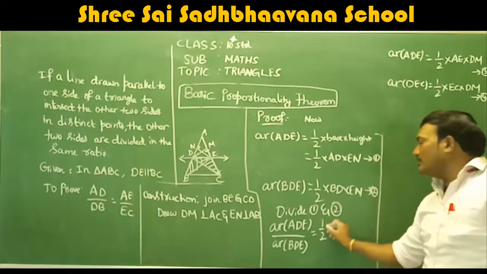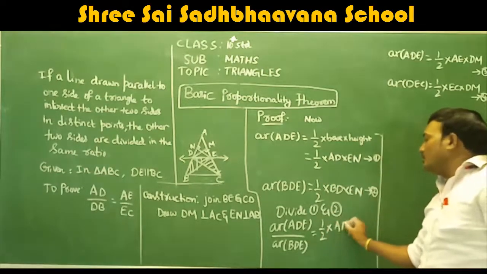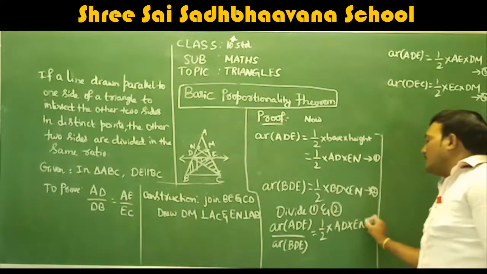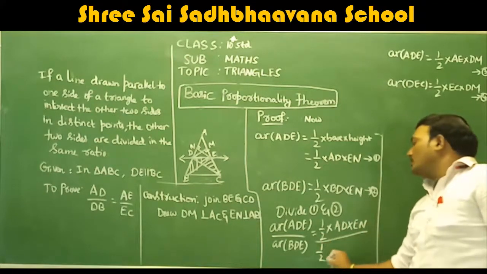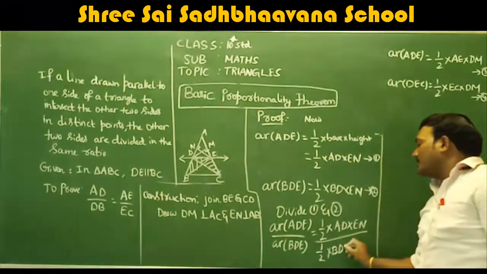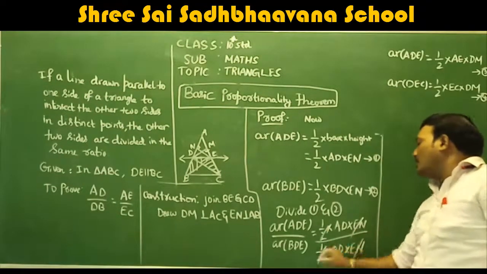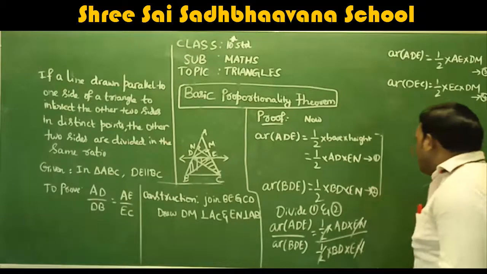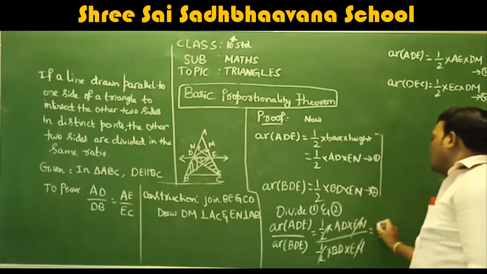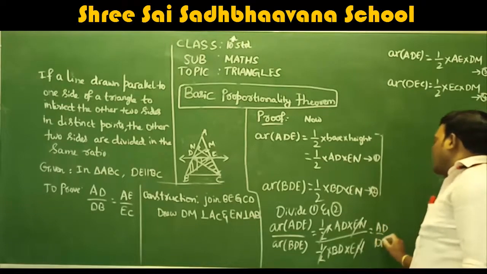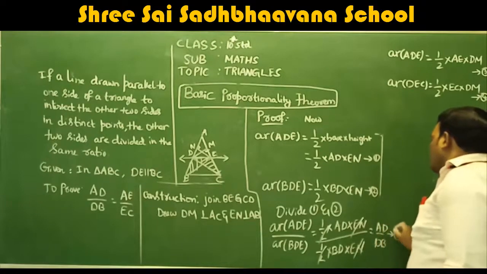Then write one more step: half into AD into EN divided by half into BD into EN. Correct? In this, EN and half will get cancelled. You will be left with AD by DB. This you take as equation 5.